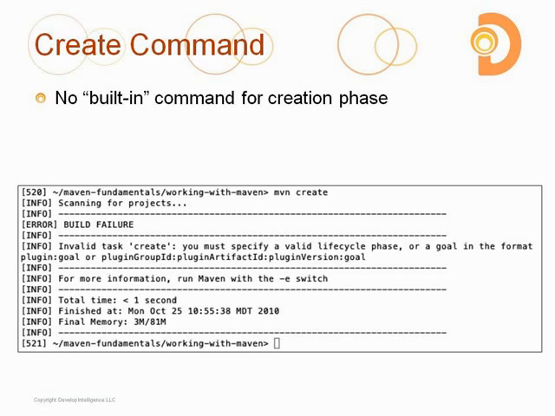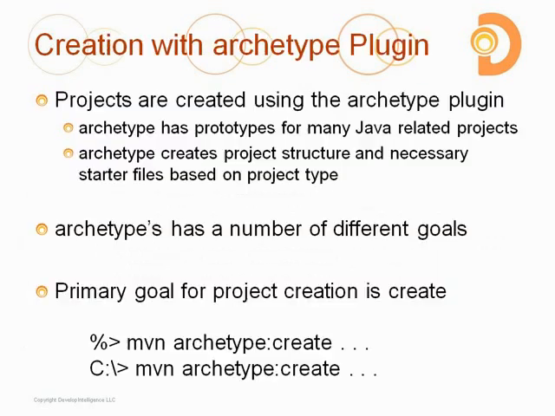What that means is that in order for me to truly create a project, I need to use something called the archetype plugin. The archetype plugin is responsible for going to a central repository and finding a specific template that it can use to build a directory structure.